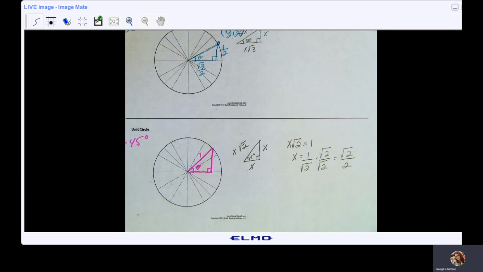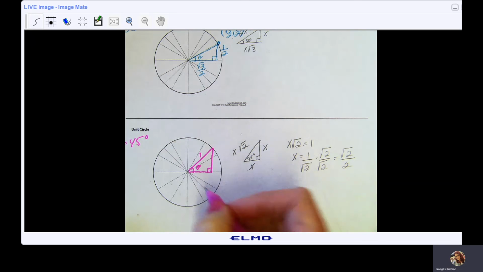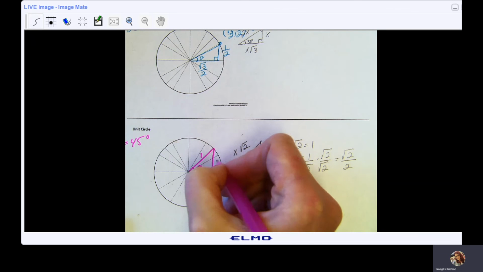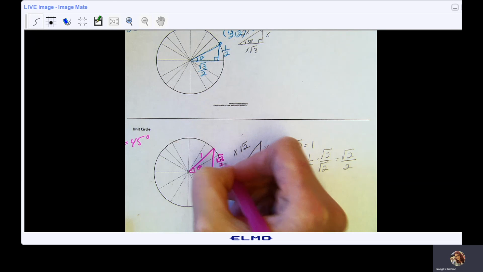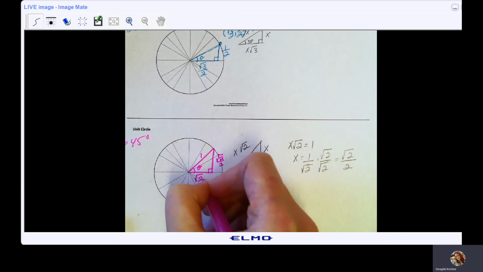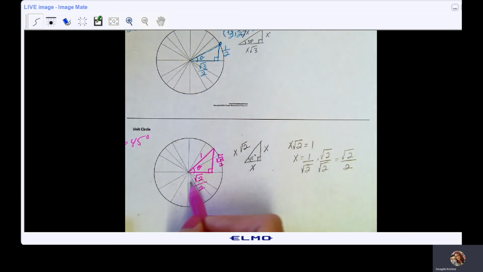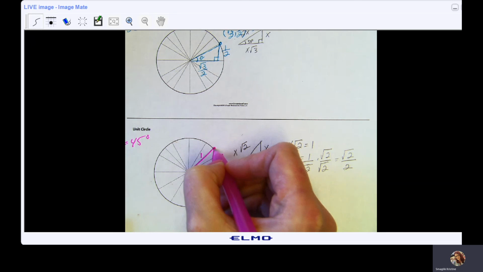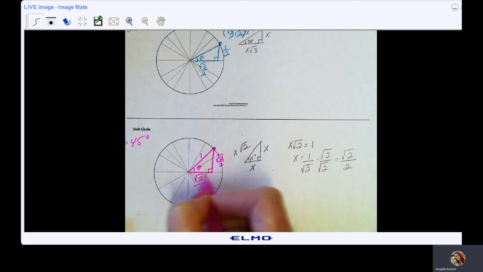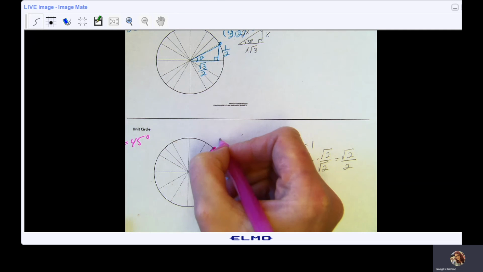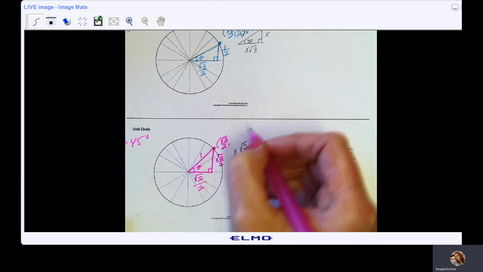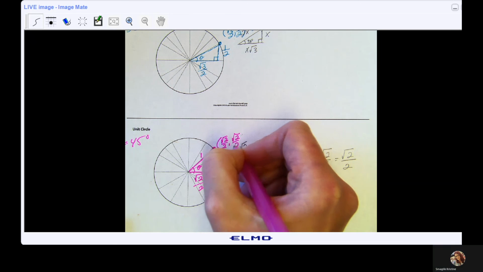So that means this leg here, square root 2 over 2, and this here is square root 2 over 2. So again, that ordered pair, my horizontal distance, square root 2 over 2, and vertical is square root 2 over 2.